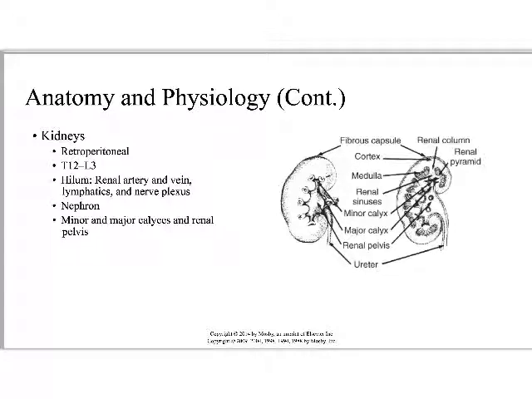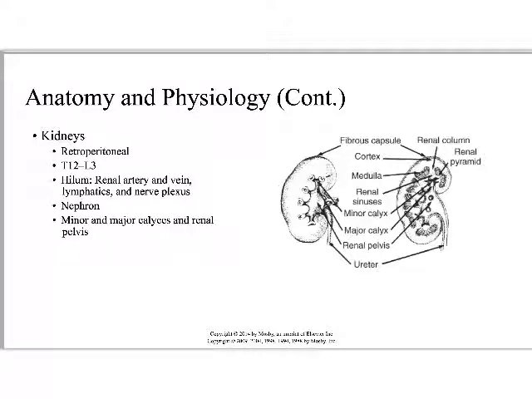One thing that I want to point out here is that with this bean-shaped organ, there's some stuff that almost gets used interchangeably sometimes. So be aware that the renal pelvis is this large open space right here, where all of the minor calyces drain into.